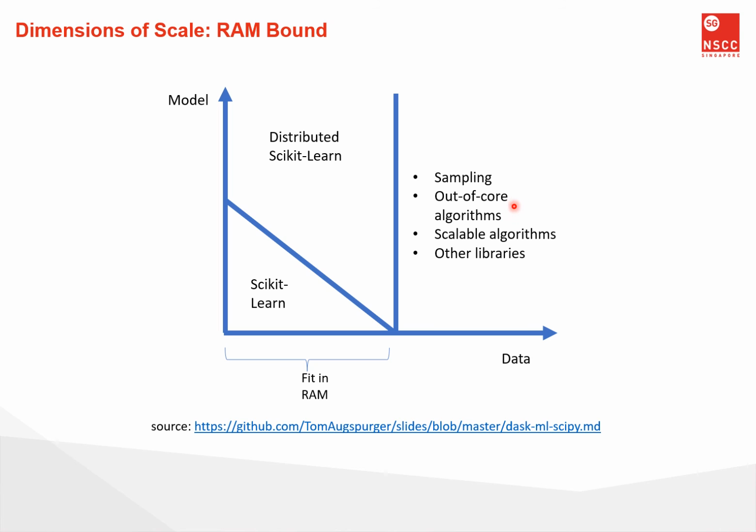Basically, these out-of-core algorithms are algorithms that can run without the entire data set being loaded into the RAM at the same time. You will still go through the entire training set. It's just that you do not need to load everything into RAM at the same time when we are doing the training. And of course, there are also other scalable algorithms that we can use in other libraries.